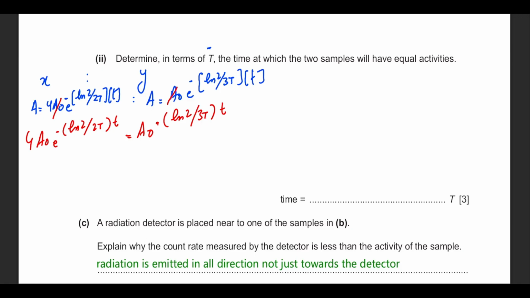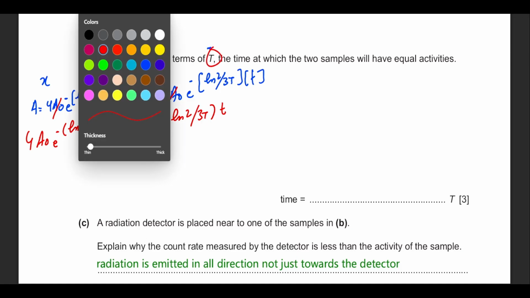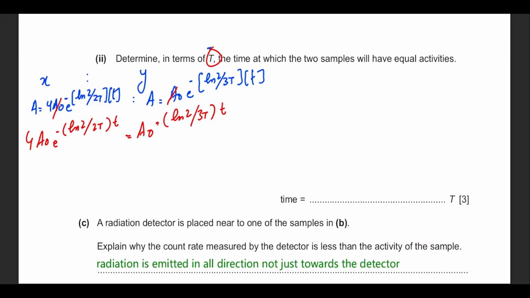It wants you to find the value of capital T. So can we be smart about this? Can we pick out some trick or rule here?